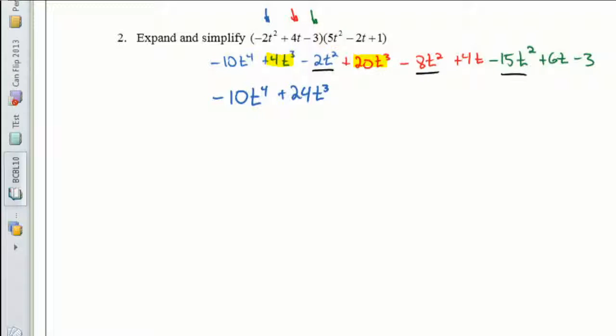Negative 2, negative 8 is negative 10, negative 15, negative 20, t squared. And then t's. I have 4, I have another 6. So together I have 10 t's. And then I have this lonely little negative 3 hanging around at the end.